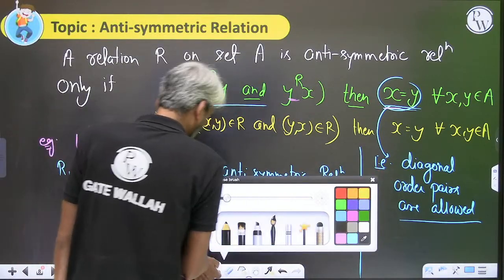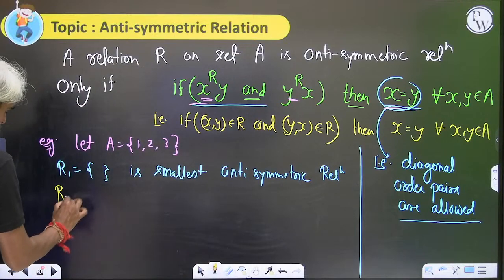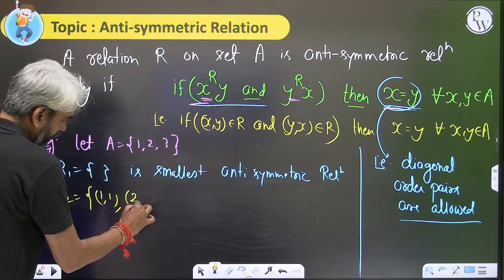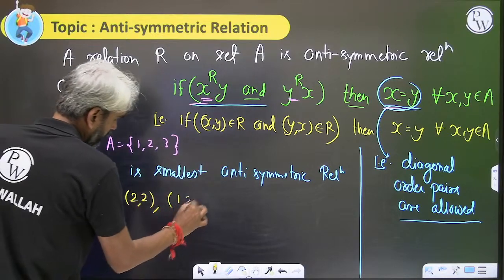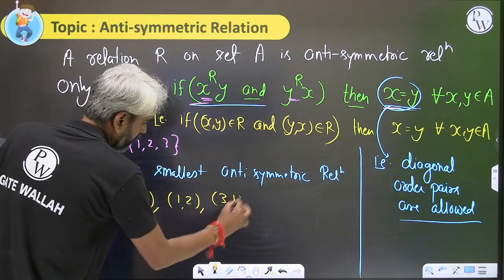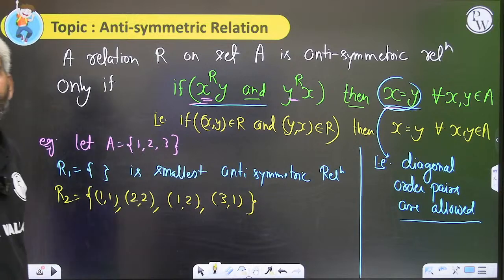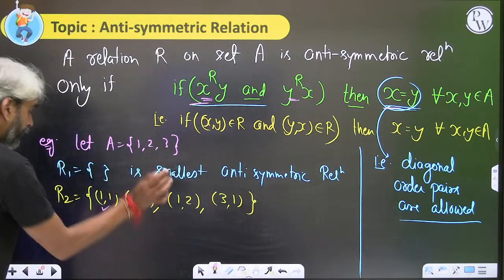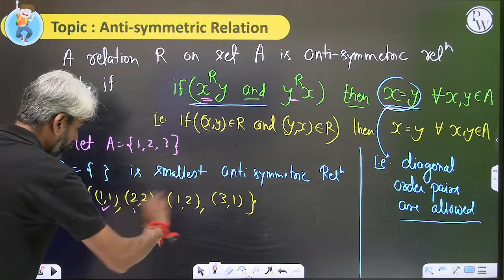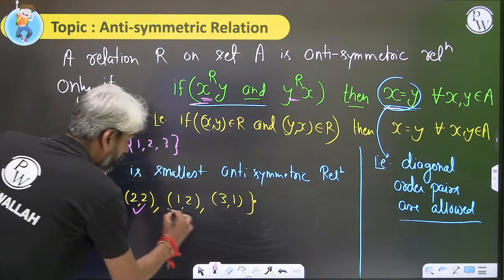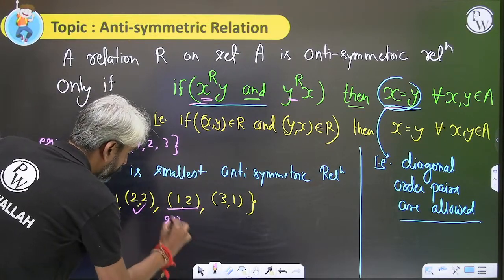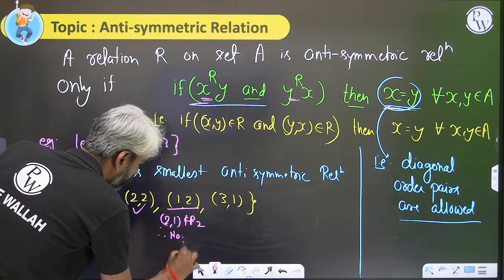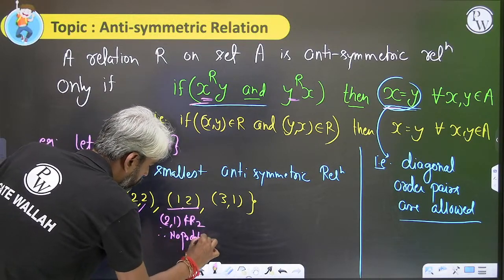Let's give another example. If I write 1 comma 1, 2 comma 2 also, 1 comma 2, and 3 comma 1, is it an antisymmetric relation? Diagonal ordered pairs are allowed, no problem. 1 comma 2 is present, 2 comma 1 does not belong to R2, therefore no problem. Why?